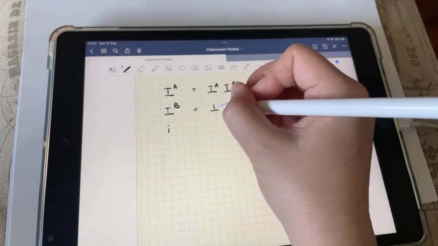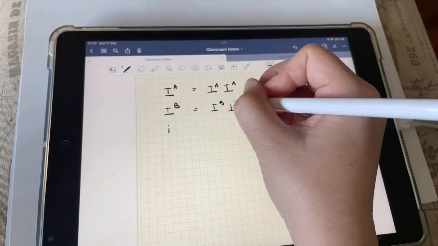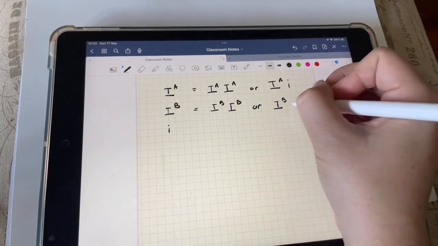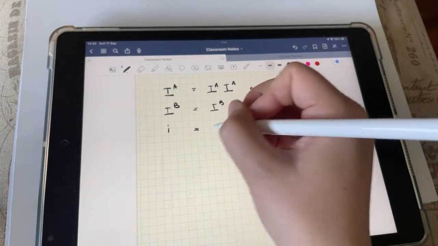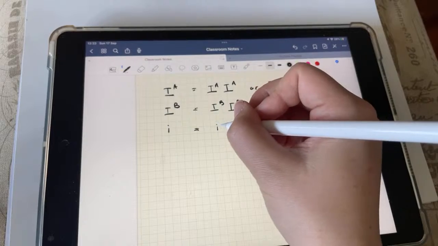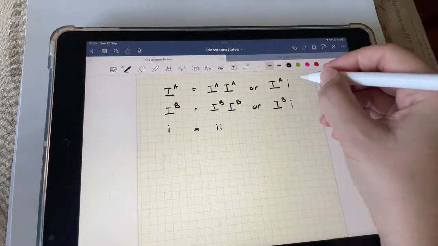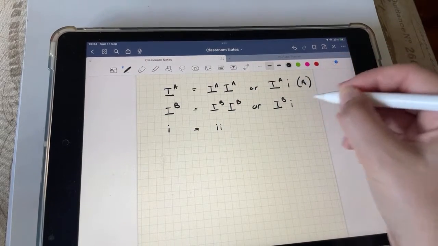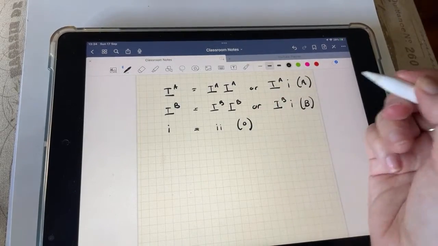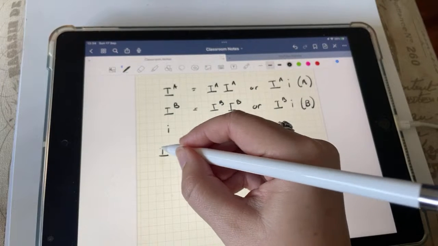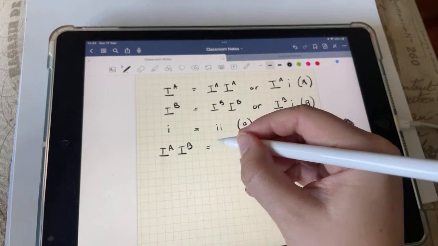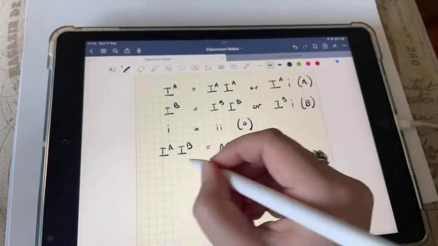Same for B, or this. You may only use this annotation in exams, everyone, nothing else. And if you're blood group O, then you're two little i's. So this is blood group A, this is blood group B, this is blood group O. And I can't forget, of course, blood group AB, which is this. So this is AB blood group, right?